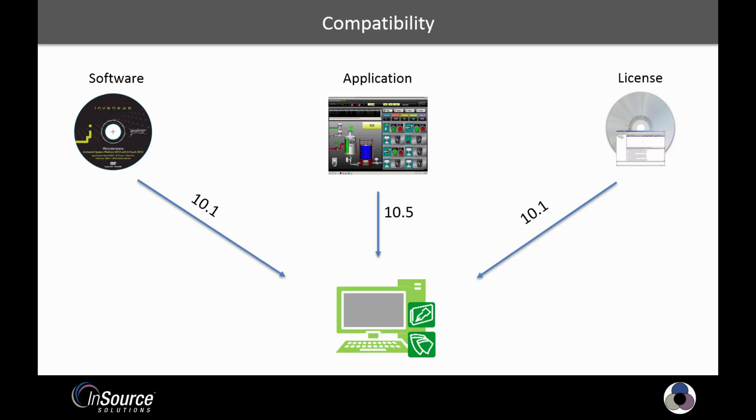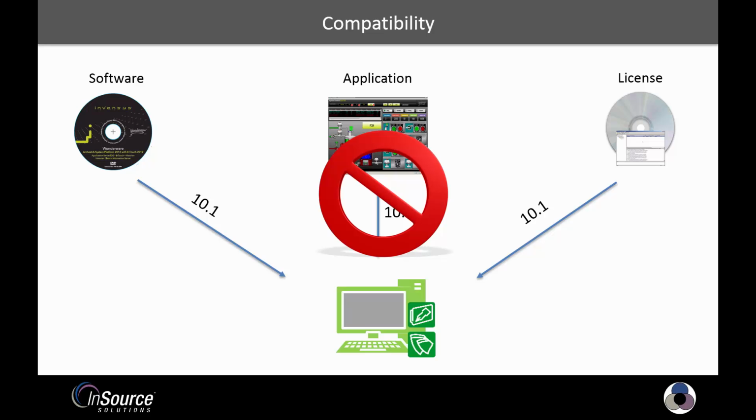I think if you can remember from a previous slide, this would be my WW Suite license. In this scenario, will this work? The answer is no. That application is 10.5. That means that my software needs to be 10.5 in order to open up that application. Now for my software to be 10.5, I need my license to be 10.5 as well.